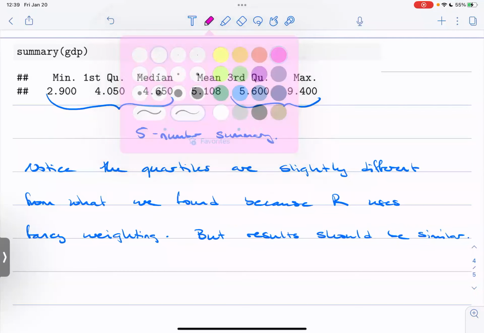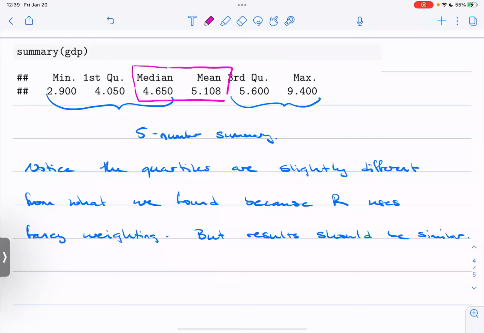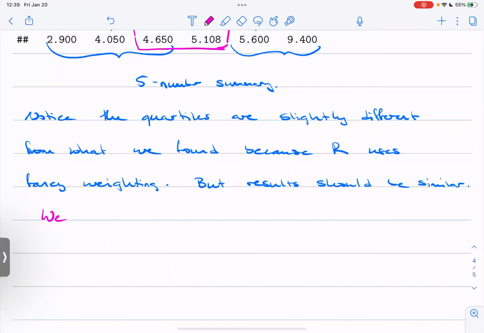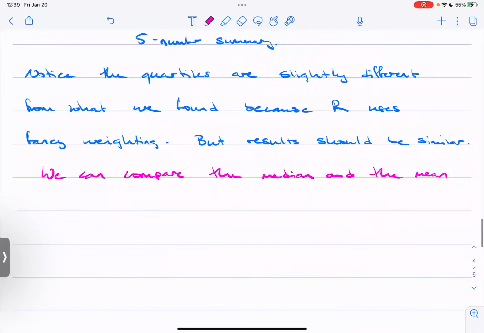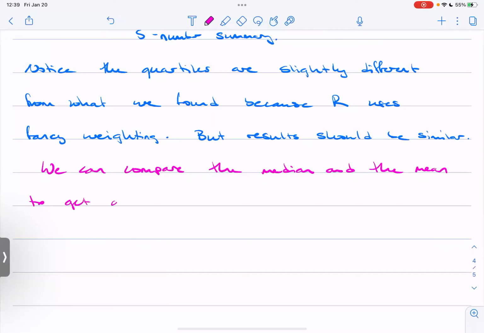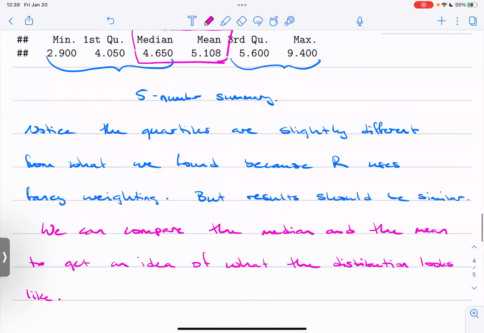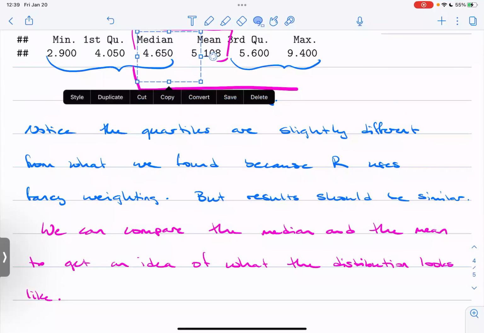Okay, so here we can compare the median and the mean to get an idea of what the distribution looks like.